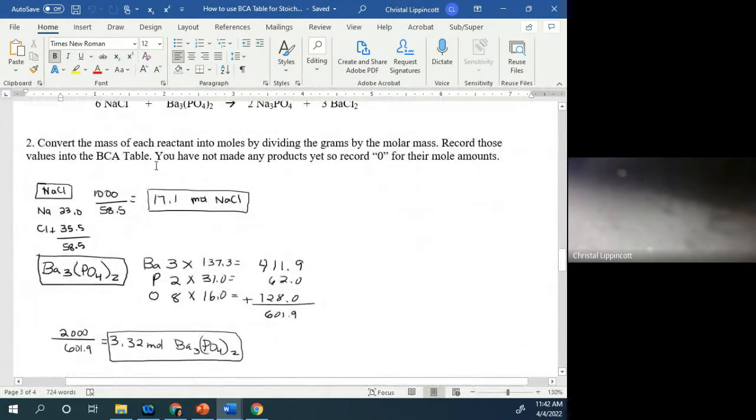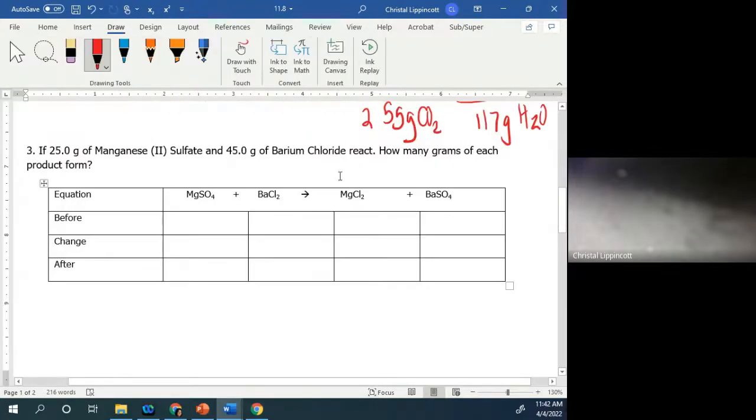So the first thing is convert the mass of each reactant into moles by dividing the grams by the molar mass. Okay, so we're going to go back and do that on here. They've given us the grams. We're going to divide by the molar mass. So for manganese sulfate, one manganese is 54.9.